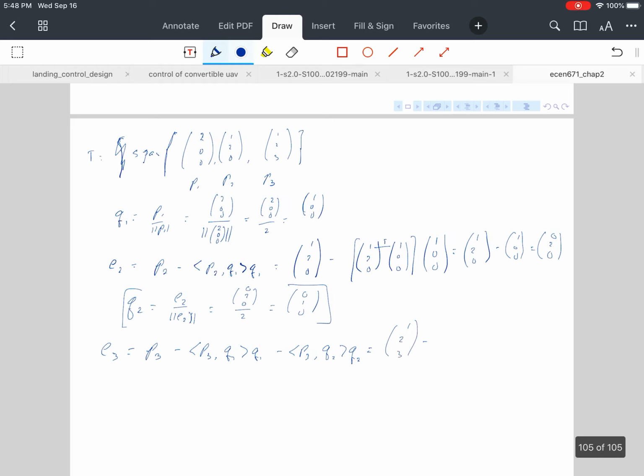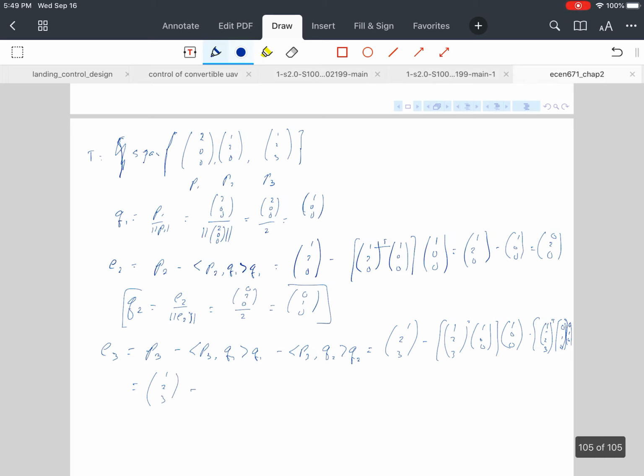So this is going to be P3, which is 1, 2, 3, minus the inner product of 1, 2, 3 with Q1, 1, 0, 0, all in the direction of Q1, minus the inner product of 1, 2, 3 with Q2, which is 0, 1, 0, in the direction of Q2, like that.